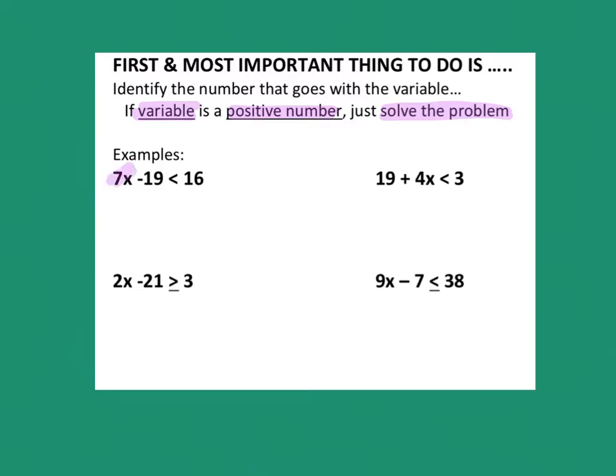This first one says 7x, which means that x was positive, so I would keep this sign the same. The second example says plus 4x, so that's good to go. We're going to keep this sign the same. 2x is a positive number, so this symbol will stay the same. 9x is positive, so this symbol will stay the same.